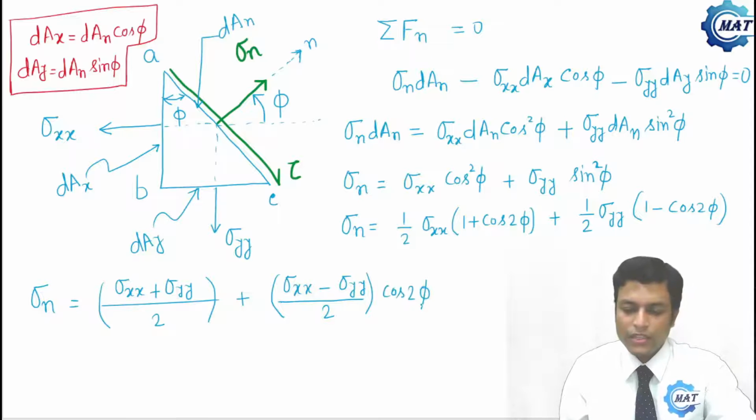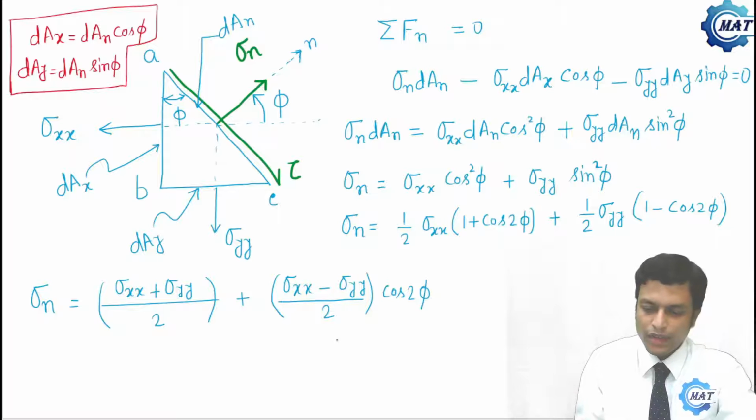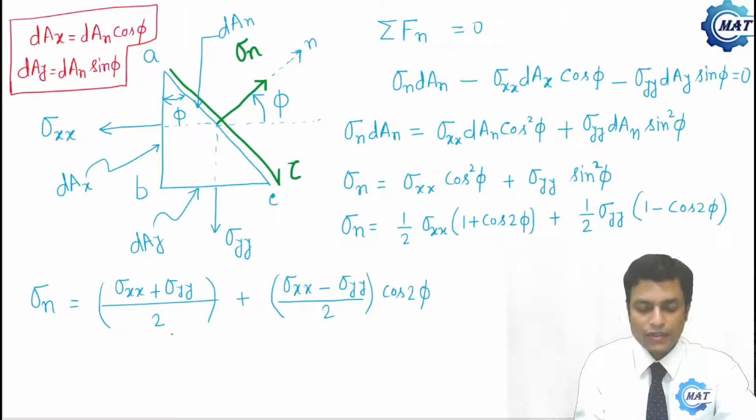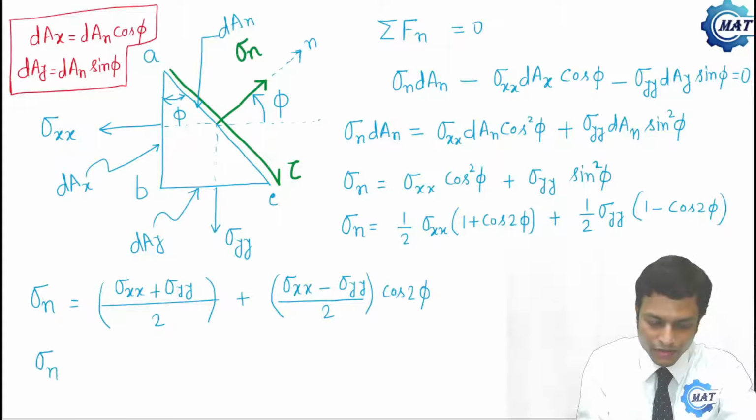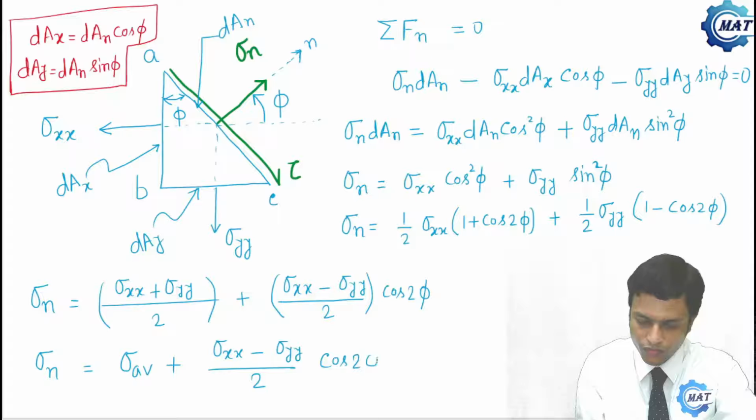This is the expression of normal stress. Now we can simplify it by considering sigma xx plus sigma yy by 2 as sigma average. So sigma average plus sigma xx minus sigma yy by 2 cos 2 phi.